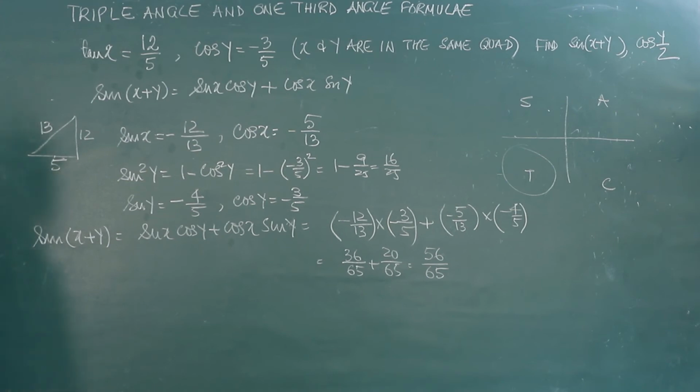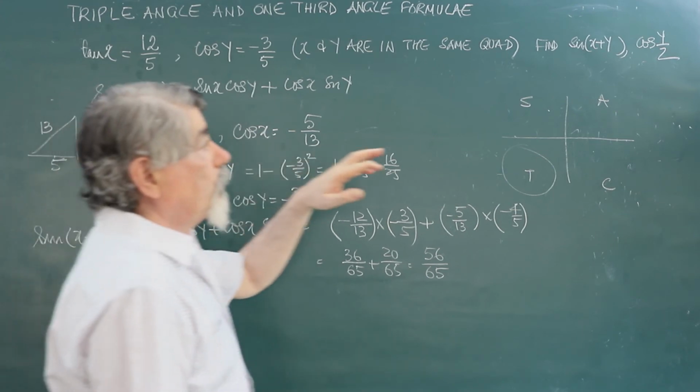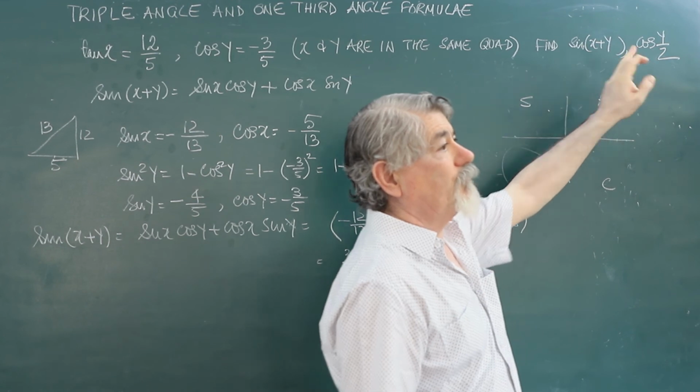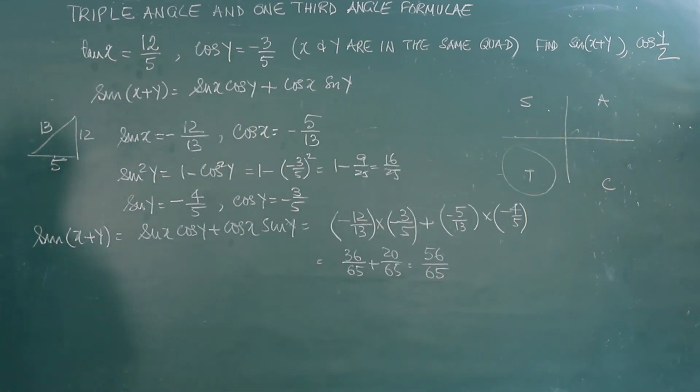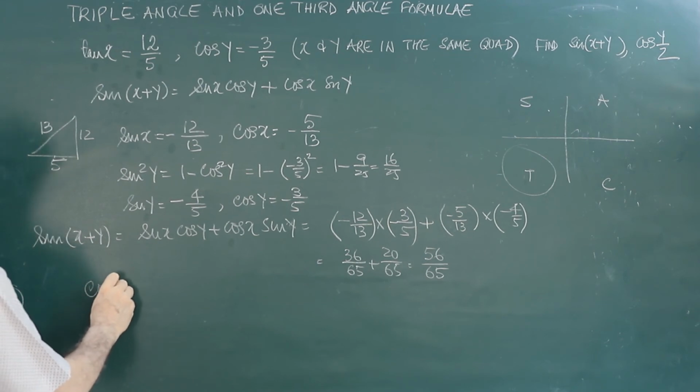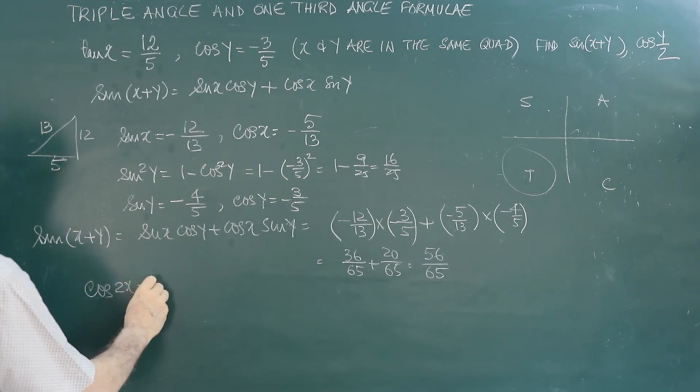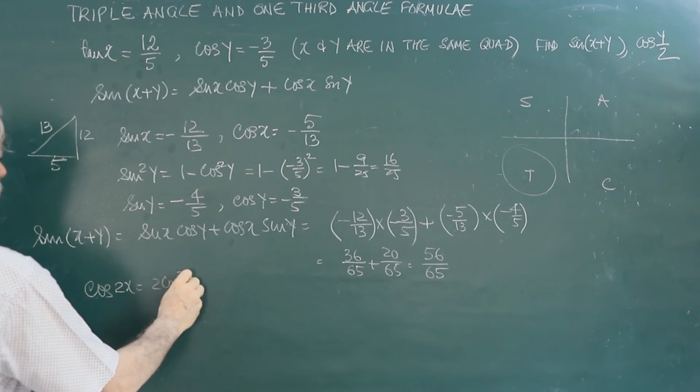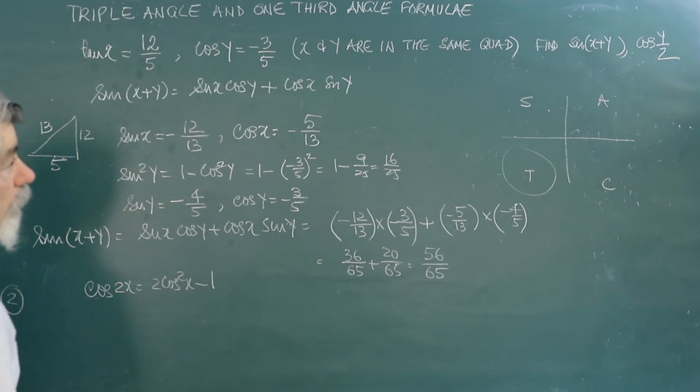Now I have to calculate another value, cos y upon 2. You know this formula: cos 2x is equal to 2 cos square x minus 1.